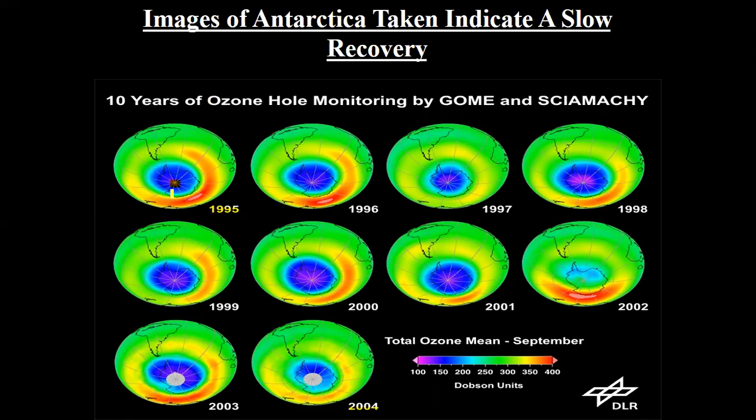From 1995 through the 1990s, the purple color area increased, and even in 2000 the purple color area increased. The blue color increased. But when it comes to the year 2002, the ozone concentration has increased, and now there are no purple or blue colors.